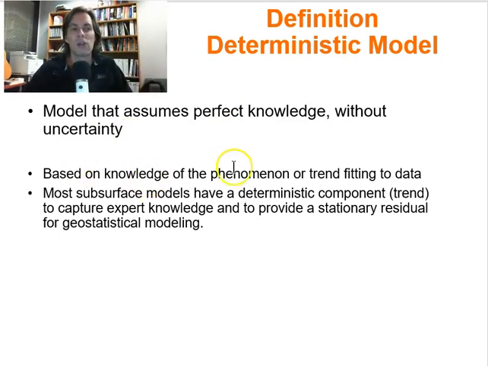How do we generally build deterministic models? They're generally based on knowledge of the phenomenon or the trend that we're fitting, or the trend could be fit to data, but generally it suggests that we have some good information in order to justify this perfect knowledge. Most subsurface models, in fact, have a deterministic component.